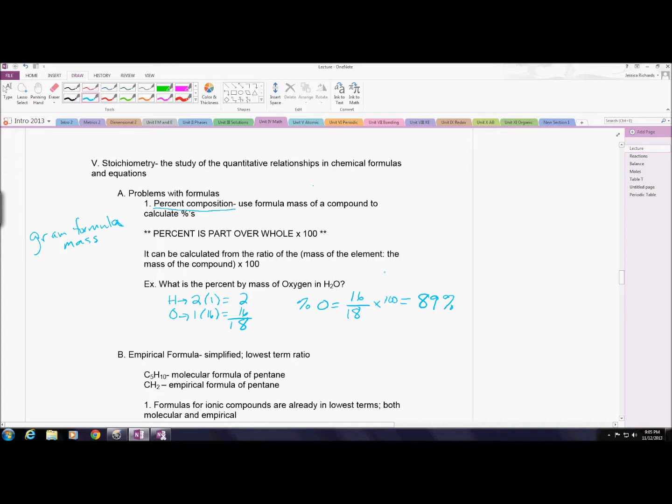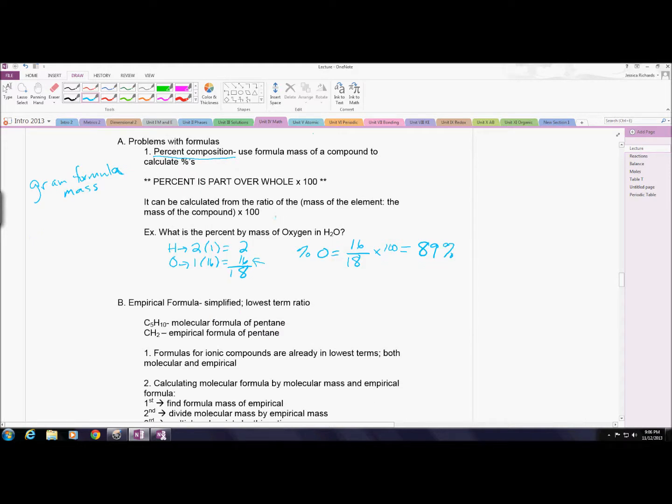Why is percent important to us? Well, if we have a compound, we can't look at it and count the number of hydrogen atoms and the number of oxygen atoms. But we can take a large sample, break it apart. In the case of water, they run electricity through it, and get masses of hydrogen and masses of oxygen, and then using their atomic masses, calculate how many moles were in there, or do percent by mass.